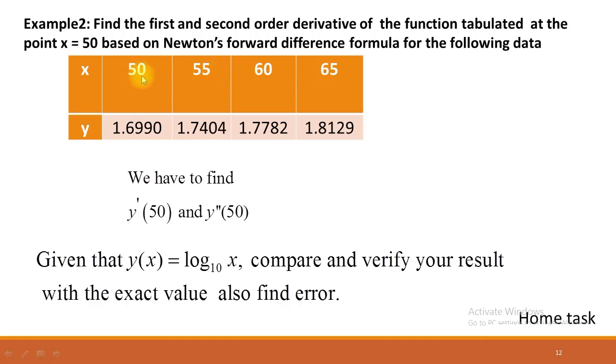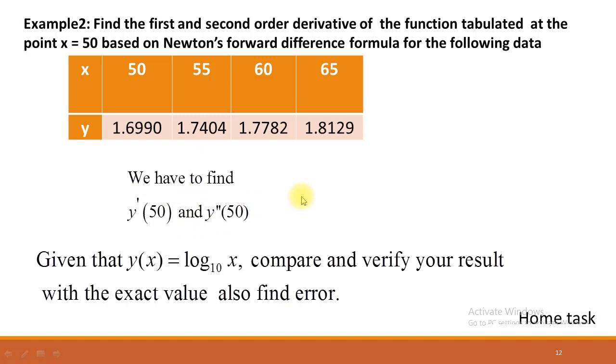For x equal to 50, y is 1.6990, for x equal to 55, y is 1.7404, for x equal to 60, y is 1.7782, and for x equal to 65, y is 1.8129. You have to find the first order and second order derivative of the function at x equal to 50 on the basis of Newton forward difference formula.